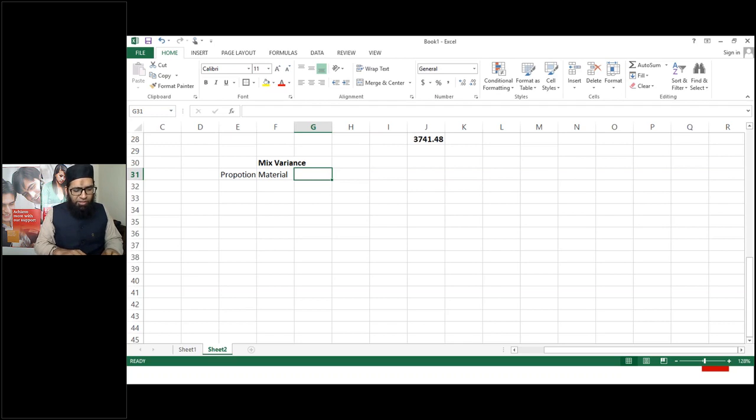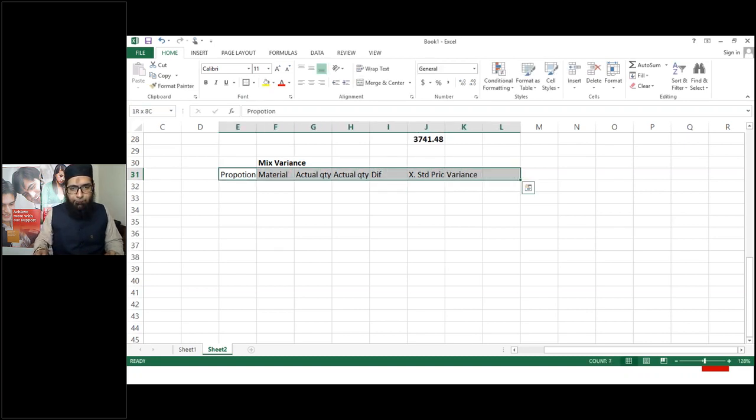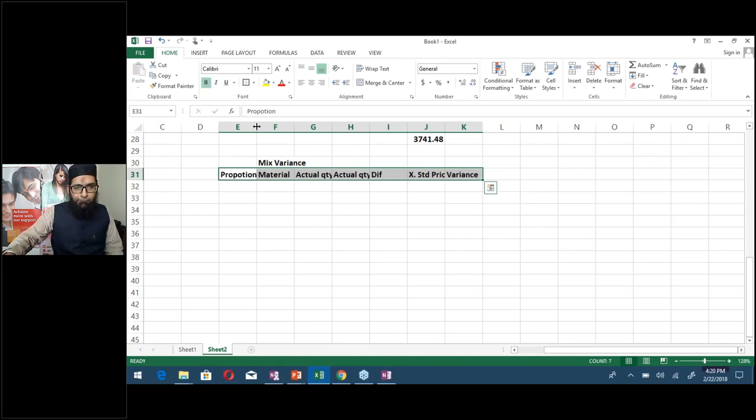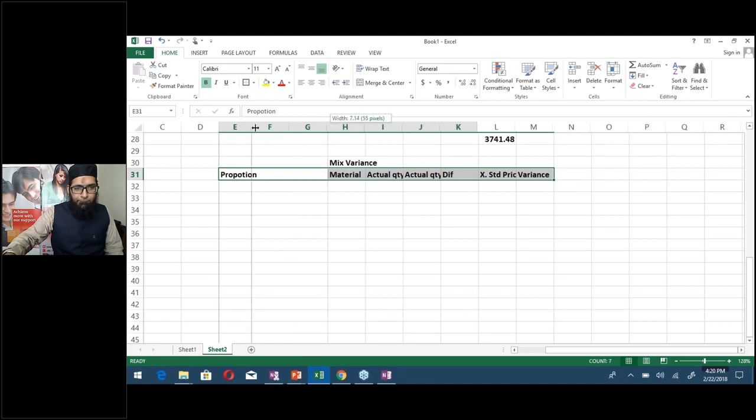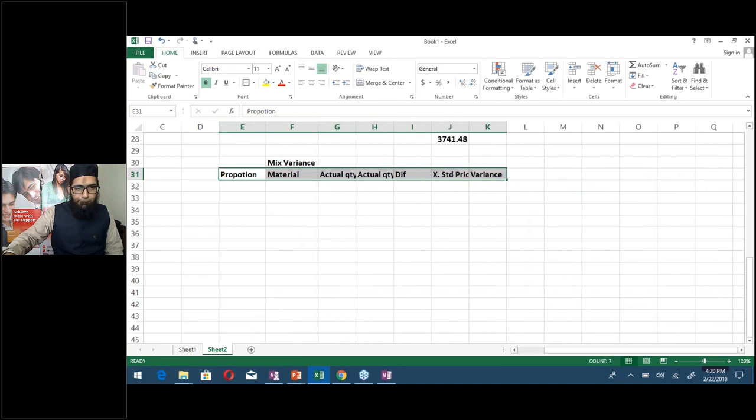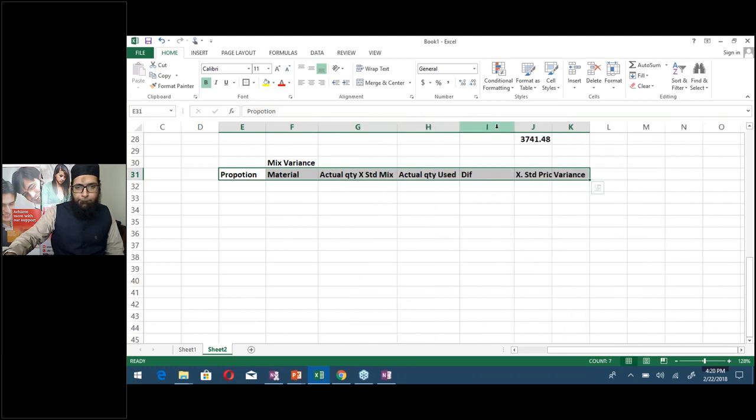In mix variance, the first heading will be actual quantity into standard mix, then actual quantity used, the difference multiplied by standard price, and finally we have the variance. So this will be the complete heading.